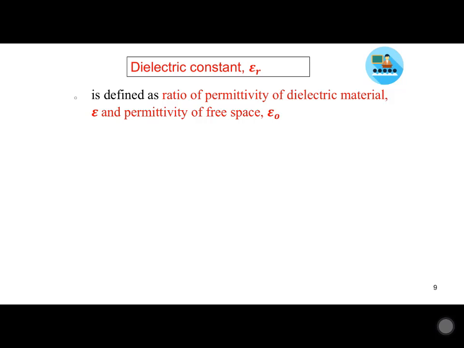Epsilon R is the value of the dielectric constant, and it depends on the material. It varies based on the material. That's why different materials have different values of dielectric constant, and also the permittivity of free space.